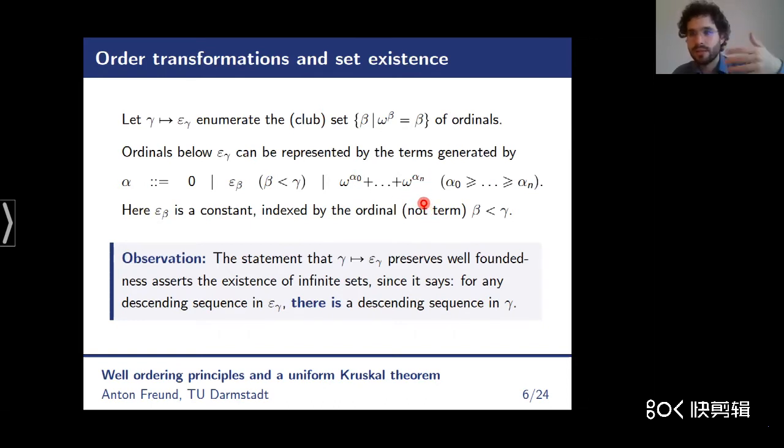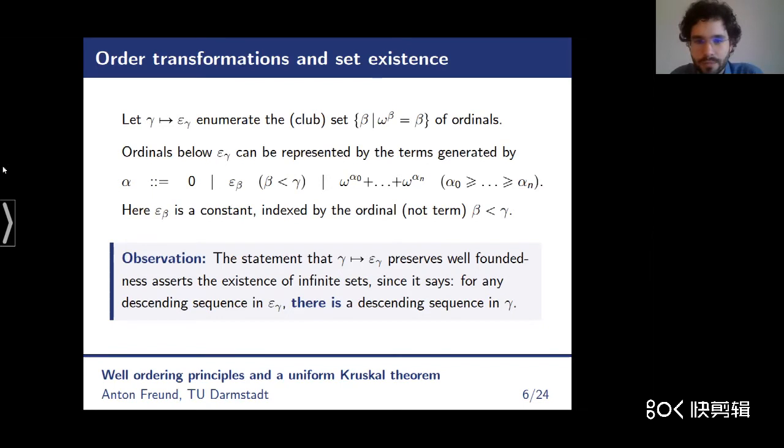So there's some recursive construction going on here. But this beta here is not a term. It's an external ordinal below this ordinal gamma that is given. And since these epsilon beta are indexed by external objects, you should view them as constant symbols. So you could also say that this is simply a relativization of the representation system for epsilon naught that we saw before.